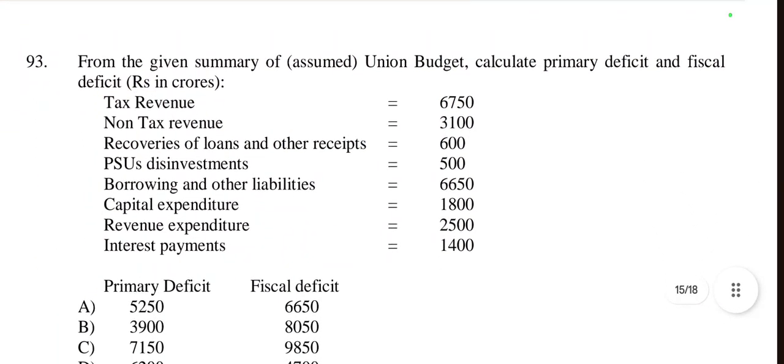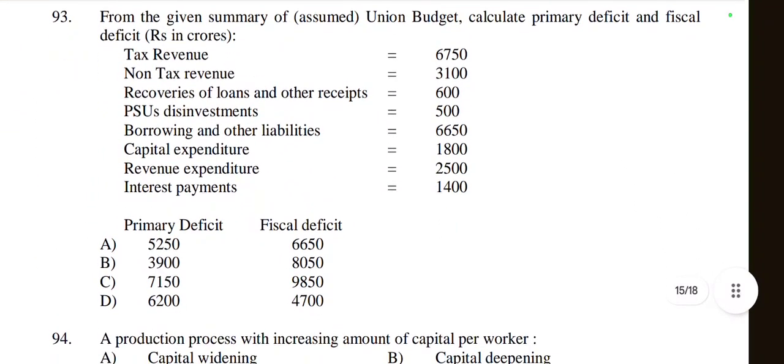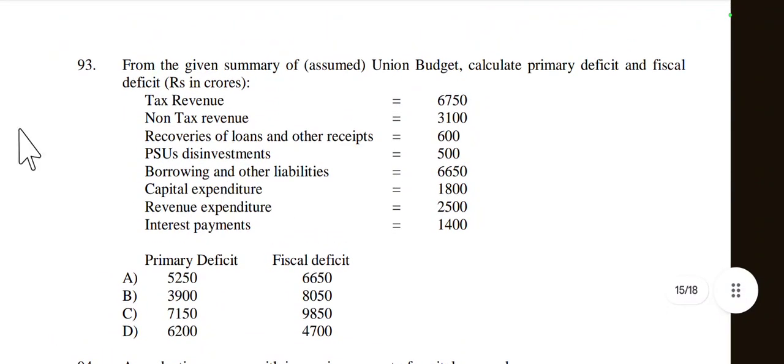Then question number 93. This is also a mathematical question. From the given summary of the union budget, calculate primary deficit and fiscal deficit. These are the data given here.